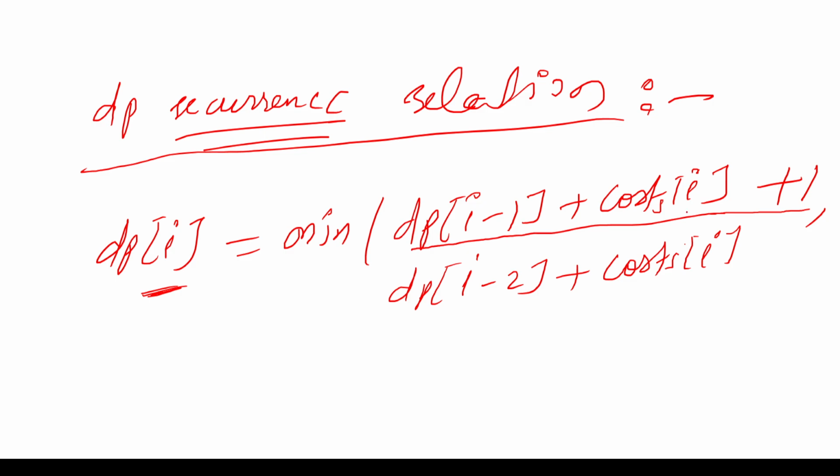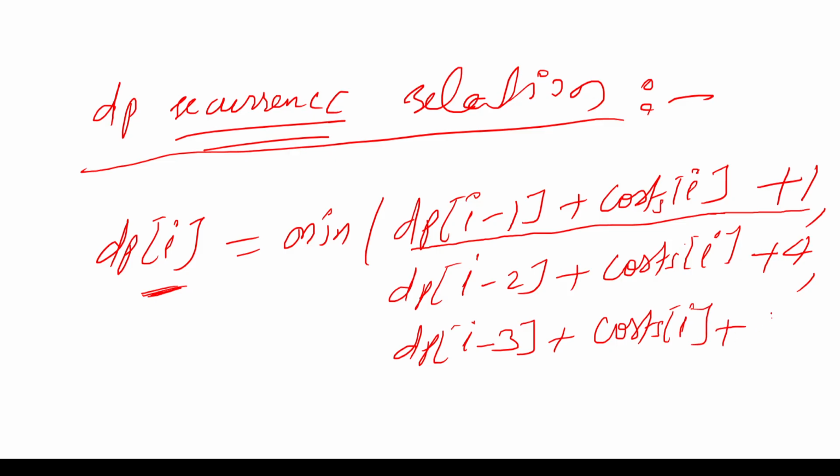So for the cost at I, what do we have to add? Suppose we give 4 to understand. Similarly, DP at I minus 3 plus the cost at I, and this time we give 9. We have to give this because first it is 1 square, then 2 squared, and 3 squared, which is 9.